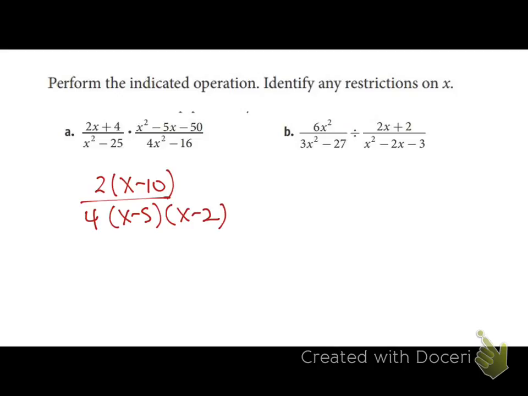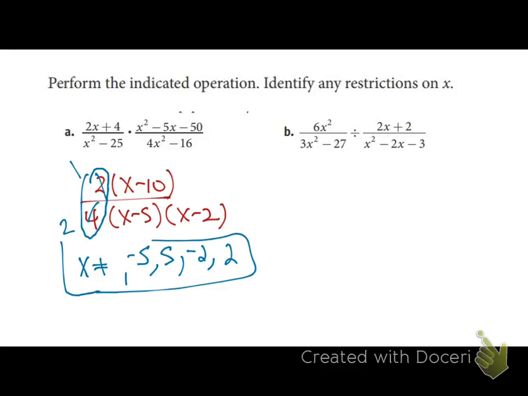And then I showed you that you will treat those as a fraction, which would reduce down to 1/2. And our restrictions were: x cannot be negative 5, positive 5, negative 2, and positive 2. And there's your restrictions. Is that only in the denominator? Yeah, only denominator.